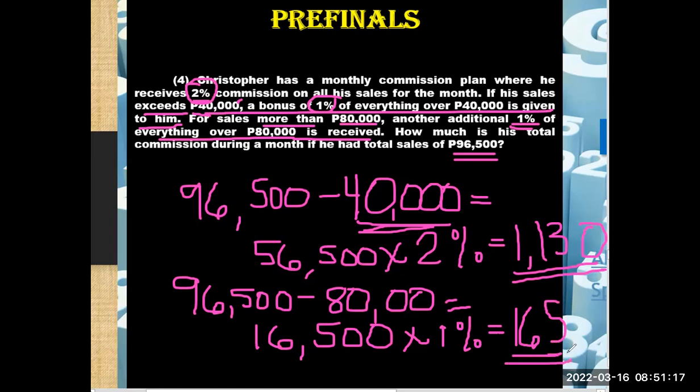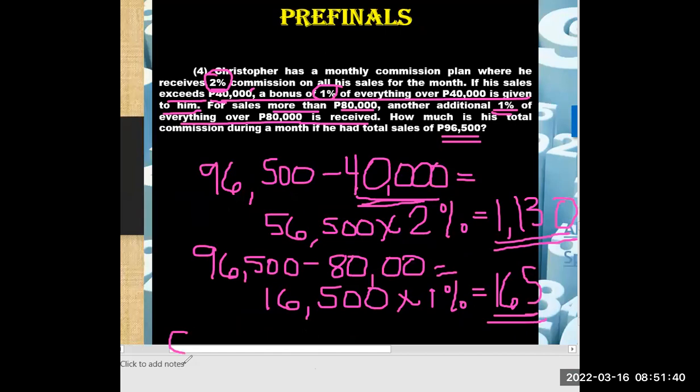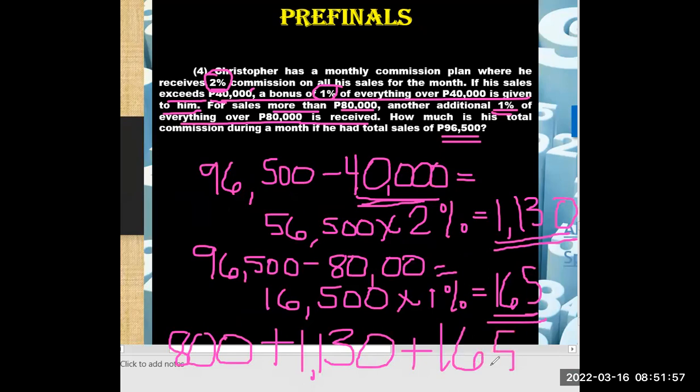Di pa yan. The 40,000 pa, yung 40,000. Kasi meron siya palagi for the month. So, 40,000 times 0.02. Tama? Yeah, 800. So, meron tayong 800 plus, meron siyang 1,130 plus 165.